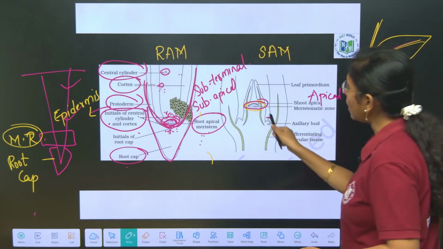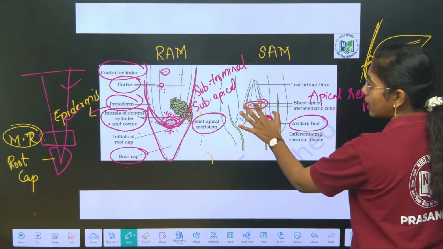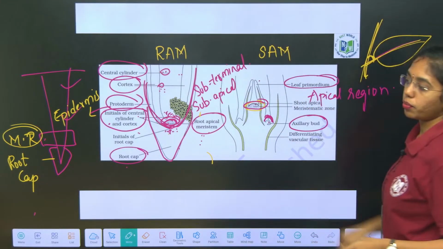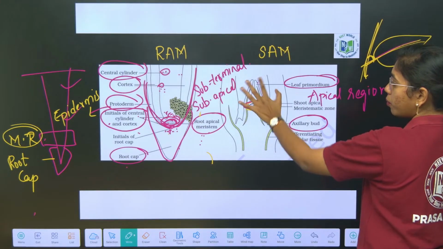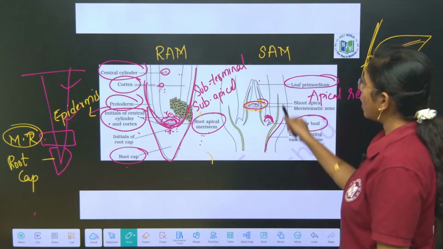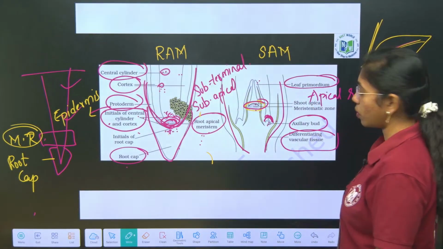At the axil region over here, axillary bud arises. Shoot apical meristem, axil region, and at the tip you have leaf primordia. Got it, beta? Shoot apical meristem, at the tip leaf primordia, and the axil region you have axillary bud. And here in the branchlets, in the leaflets you have differentiating vascular tissue.